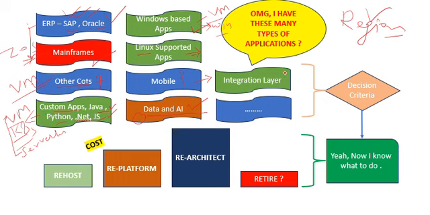Then other type of applications are integration layers. So integration layers, what are these? So these are middleware applications for async applications integration, right? You may find multiple components here. It could be API gateway, right? It could be Kafka, MQ, right?